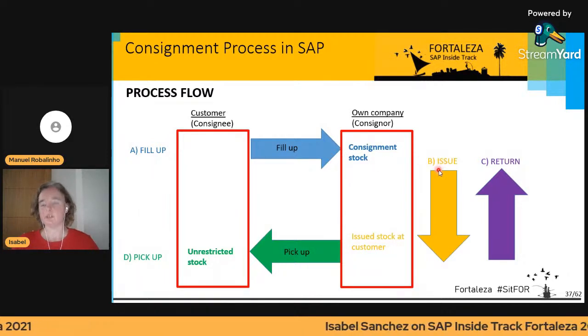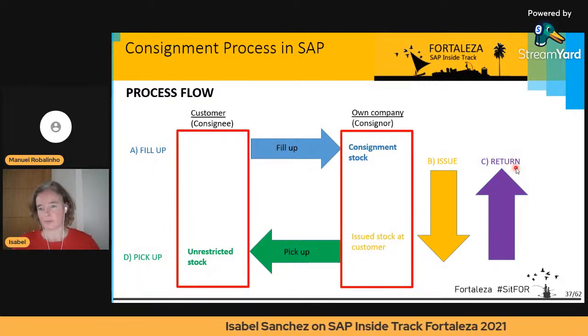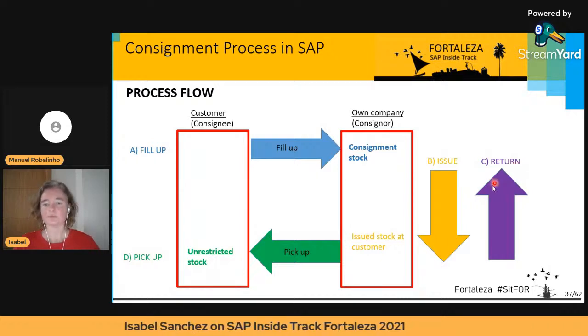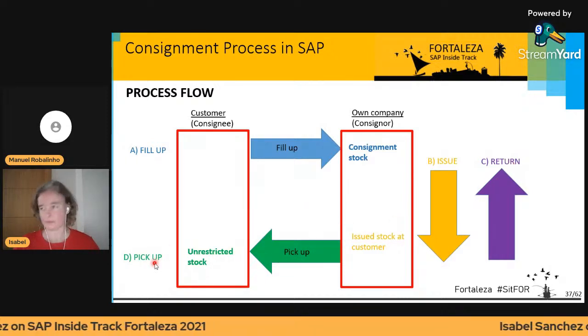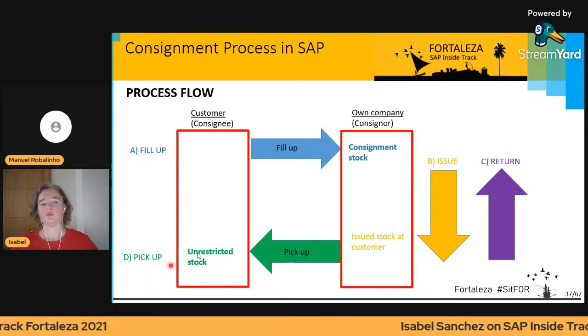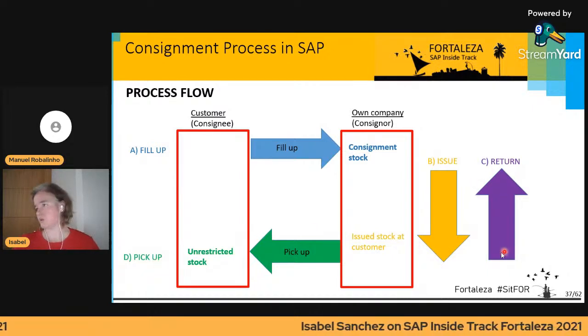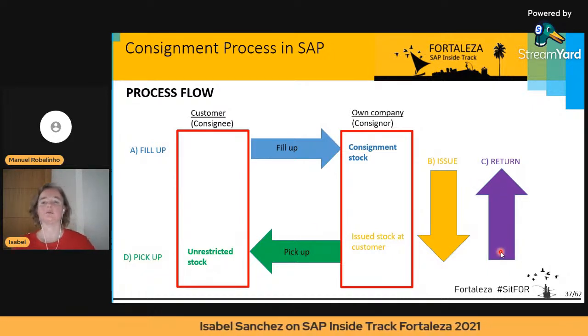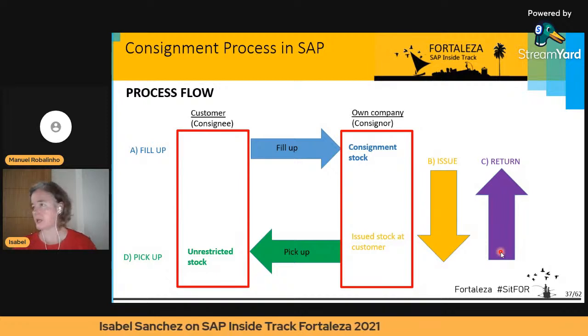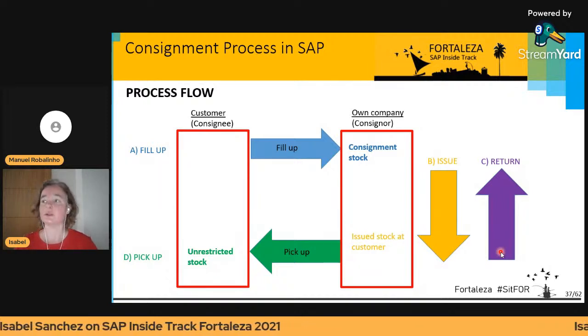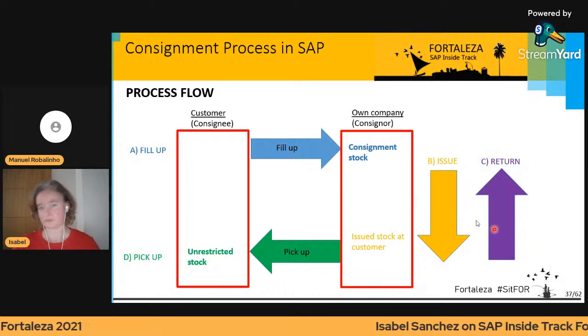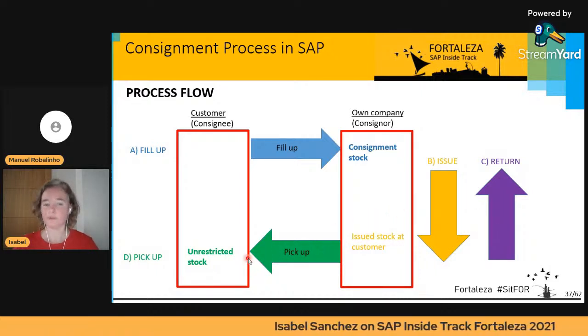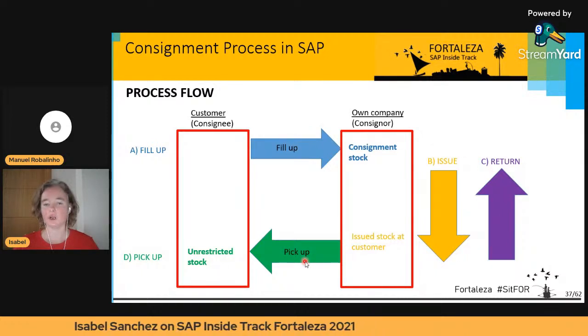Second step is issue. Third step is return. And last step is pick up. When you return, it means that the customer doesn't like the goods or they are damaged or similar. They return them to us and we pick them up. So this is the full graphic.